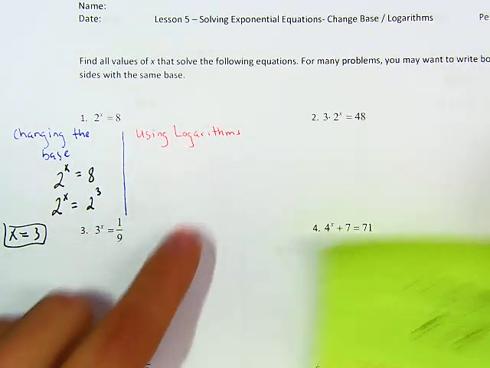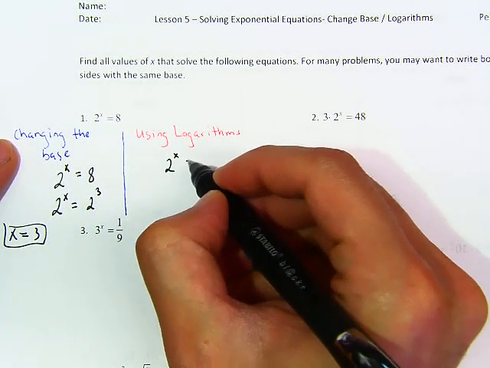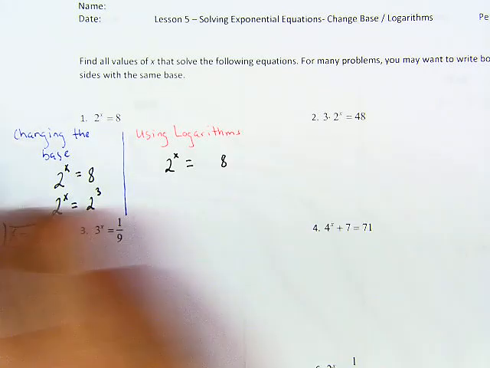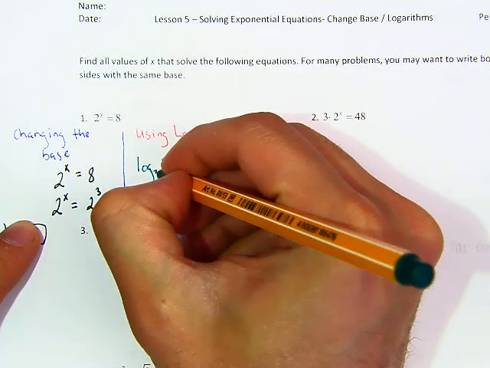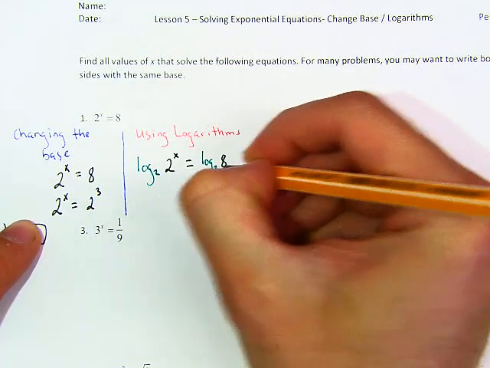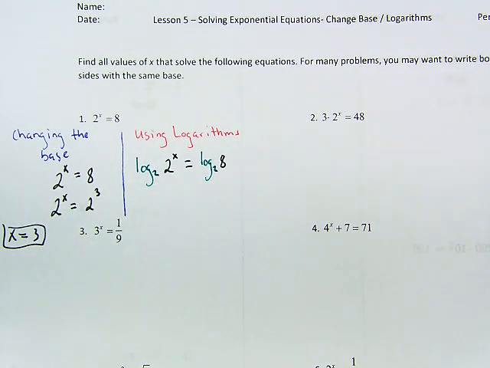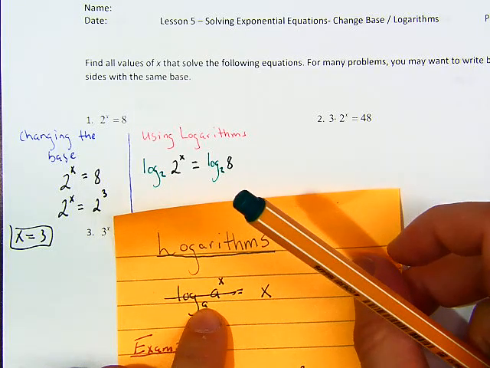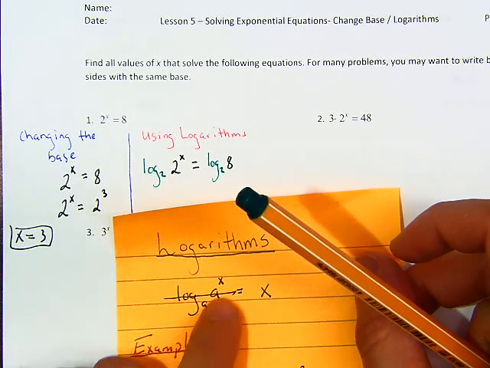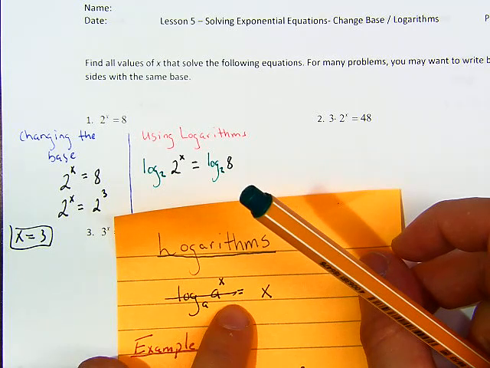How can we use logarithms to solve this problem? If I have 2 to the x equals 8, what you're allowed to do, which seems very strange, is log base 2 on both sides. And what happens when you log base 2 both sides is the same as the example before: if I have some a to the x, the log base a cancels it out.